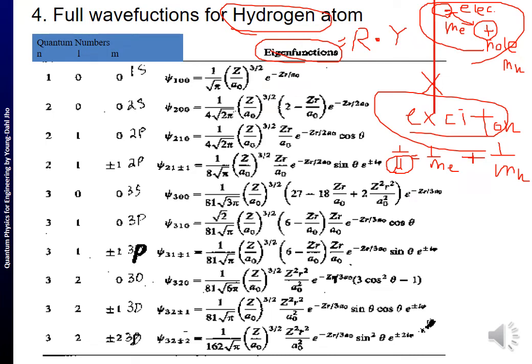Especially the exciton concept still survives after a long time, because new materials like two-dimensional nanostructures, like transition metal dichalcogenides, have an extremely strong exciton effect. And all the important semiconductors such as silicon, gallium arsenide, gallium nitride, they all have strong exciton effects.